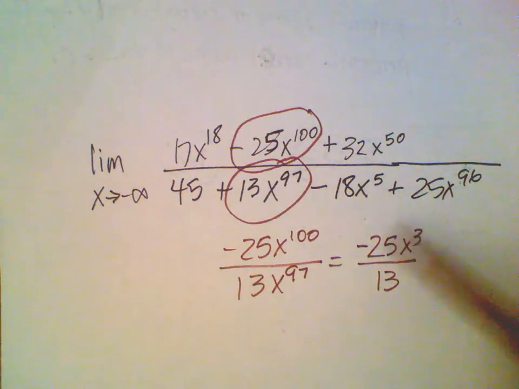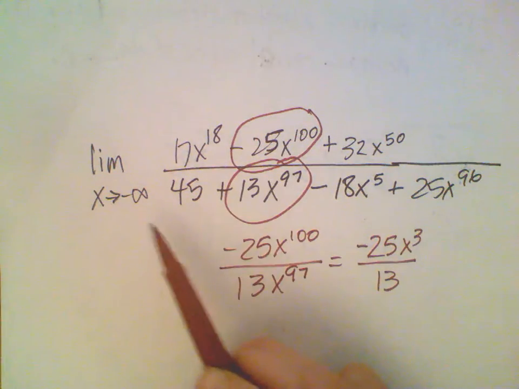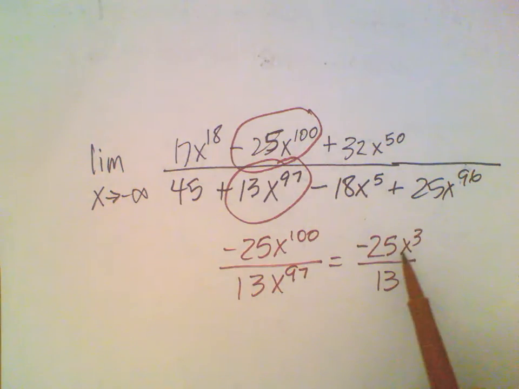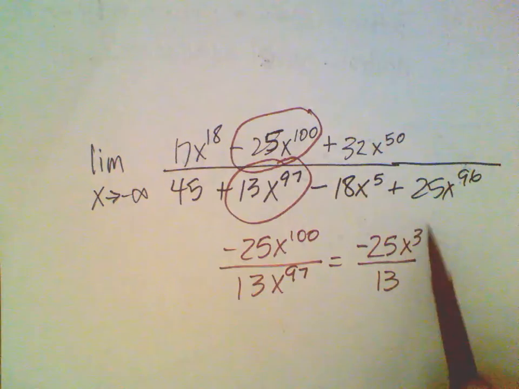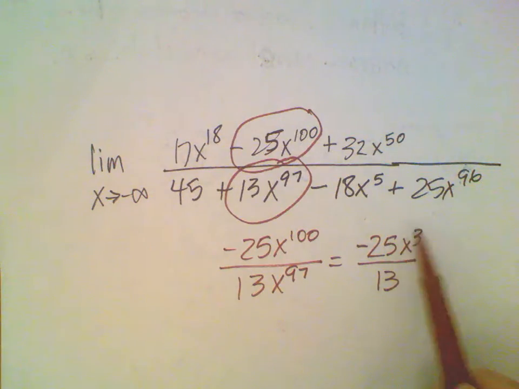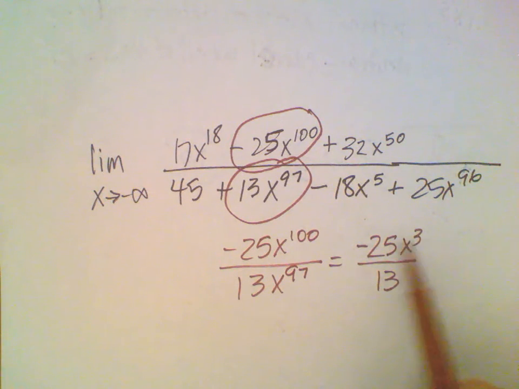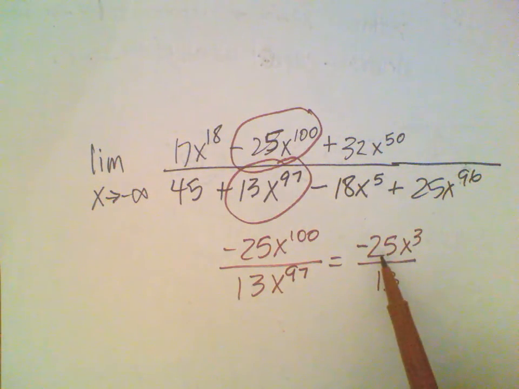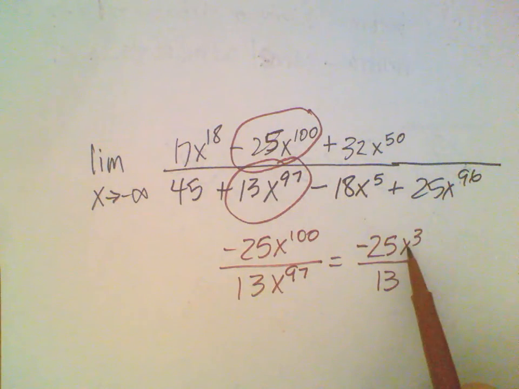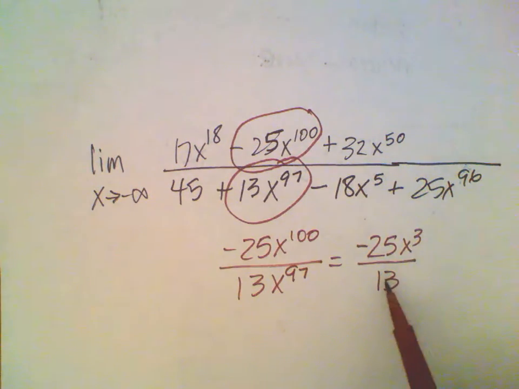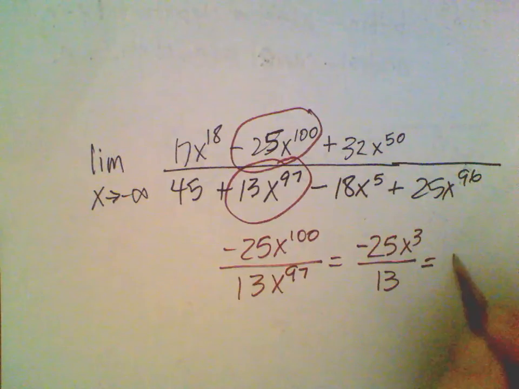Really, all I care about is this power here. When I'm putting in my infinity, I'm going to plug in negative infinity. Negative infinity to the third power makes an incredibly large negative number, and then I will have to multiply it by a negative number. So I have a negative times a negative, which is positive, divided by a positive, and therefore I'm approaching positive infinity.